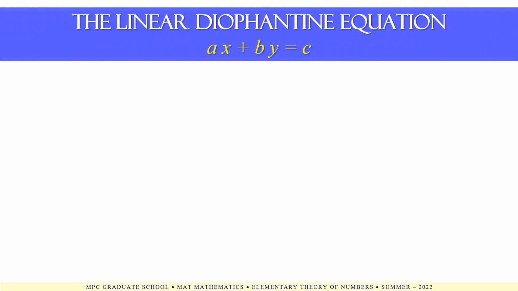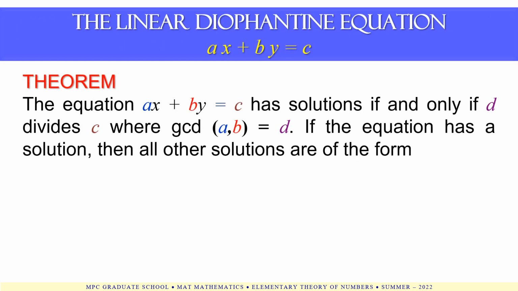The linear Diophantine equation theorem. The equation ax plus by equals c has solutions if and only if d divides c, where the GCD, or greatest common divisor, of a and b equals d.